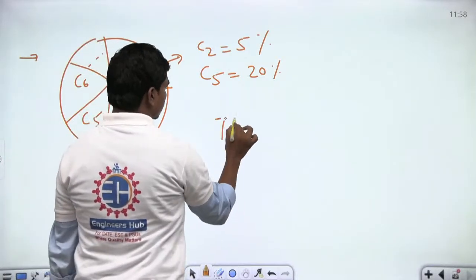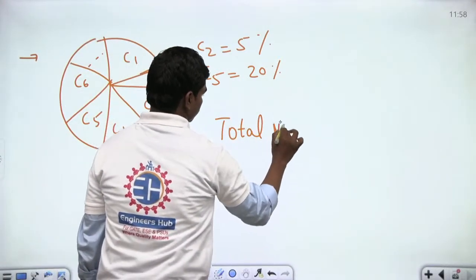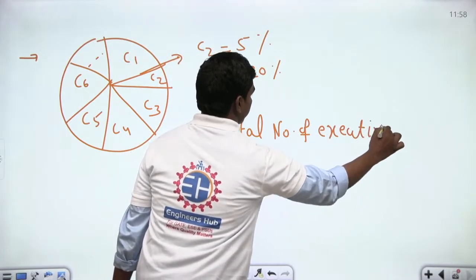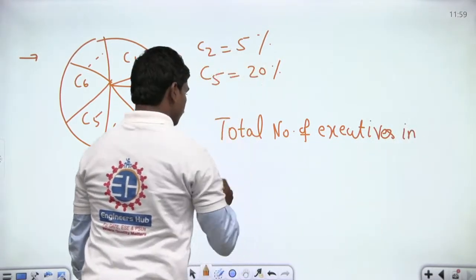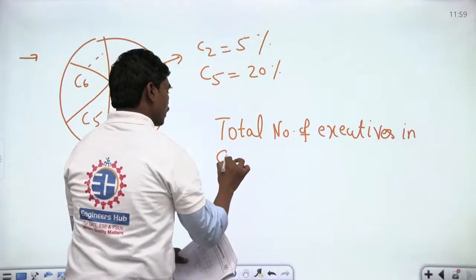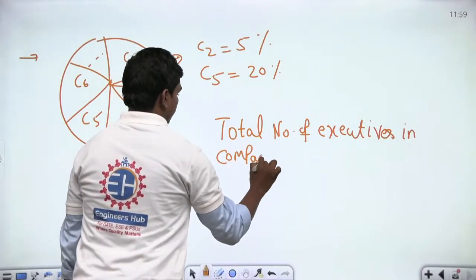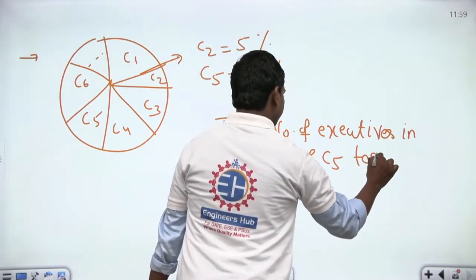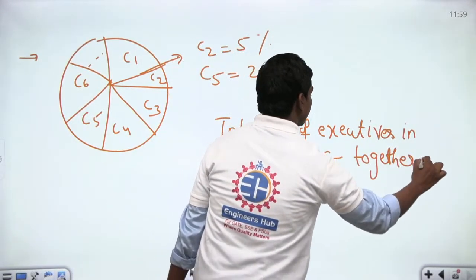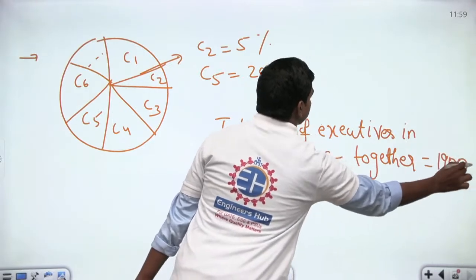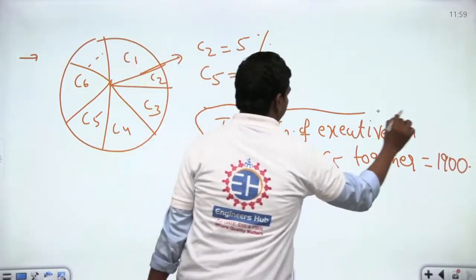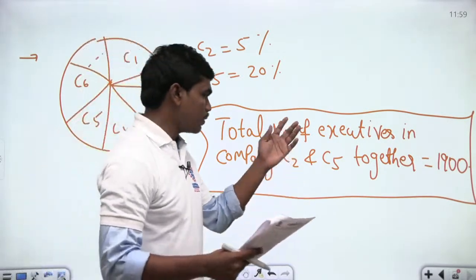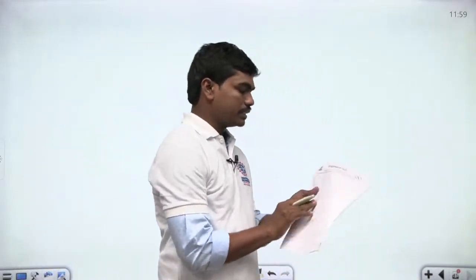If you perform the calculations, the total number of executives in the company, C2 and C5 together, is equal to 1900 if you calculate correctly. So 1900 is the total number of executives out of these 2 companies, C2 and C5.